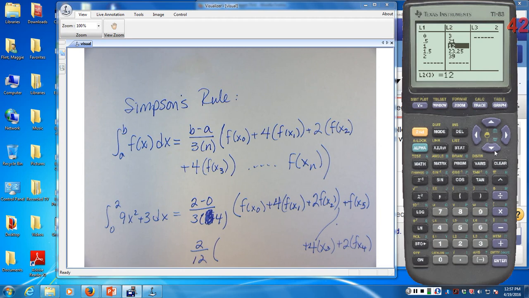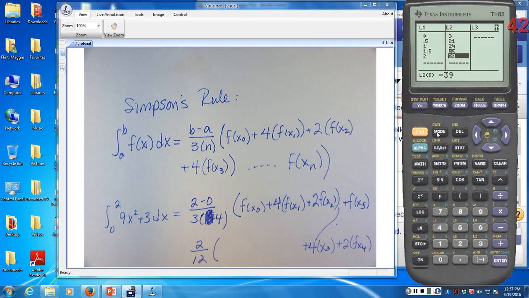Third one's going to be multiplied times 2. The next one's going to be multiplied times 4. And we're going to leave the last one alone.